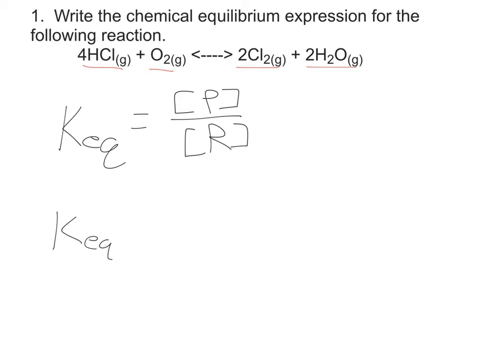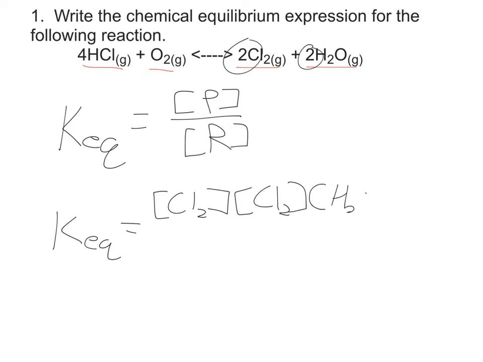So when I write my equilibrium expression, it will go like this. The KEQ for this reaction will be equal to the Cl2 on top, and I'll put brackets to denote concentration. That's a product, so it goes on top. And notice there are 2 Cl2s, so I'm going to actually put 2 of them in there. And there are also 2 waters, so I'm going to put 2 waters in there. Okay?